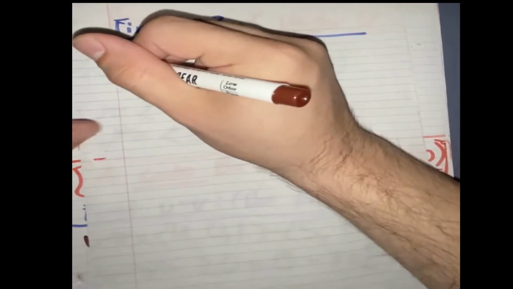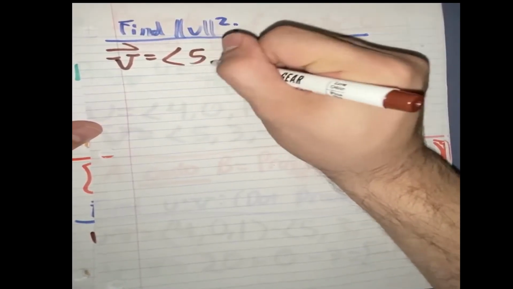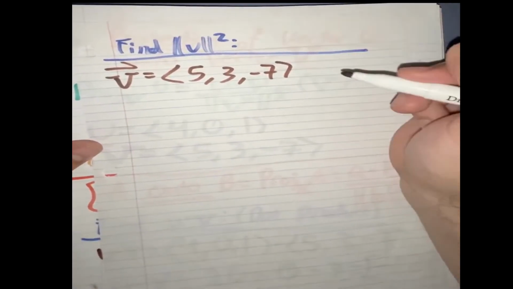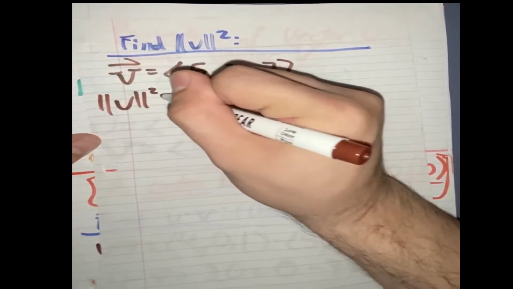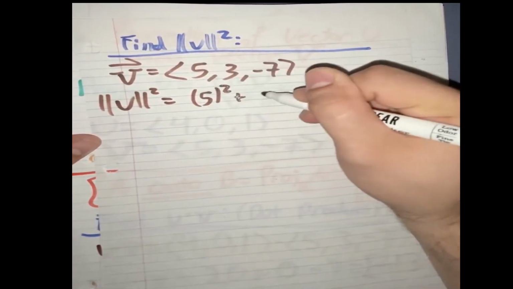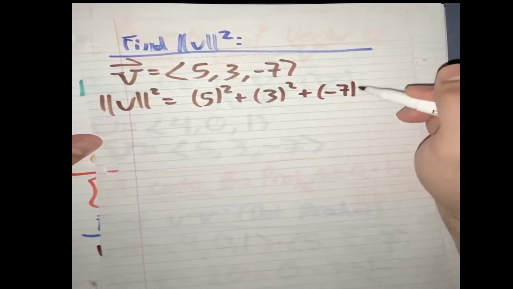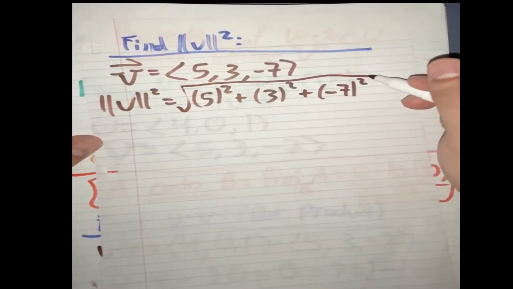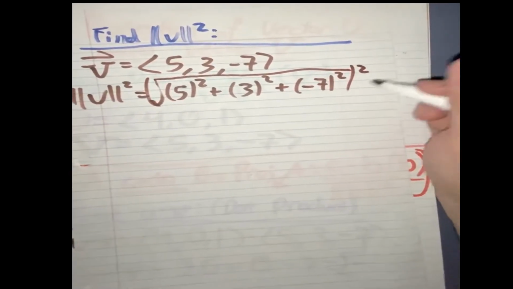So the magnitude of vector v squared is going to be 5 squared plus 3 squared plus negative 7 squared, inside a square root, and then we're squaring it.